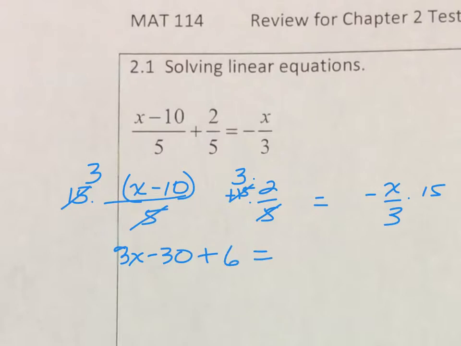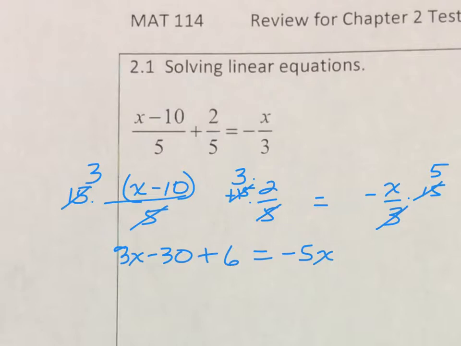What about over here on the right side? What are we going to get? 3 is going to cancel 15, and negative x times 5 is negative 5x. Do I sense a bit of unease on this problem? Yes. Okay. But getting home from here shouldn't be that bad.